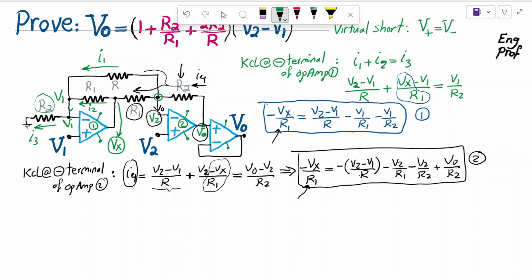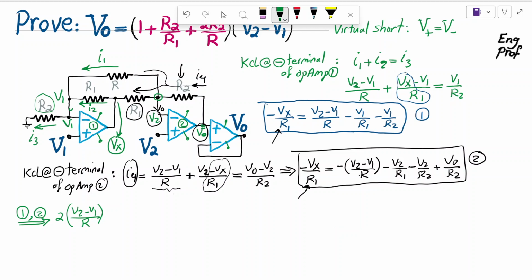So let me change the color so that we have good contrast. From 1 and 2, I can say, therefore, V2 minus V1 over R, and I'm going to simplify the whole thing. So this is times 2. And so again, I am setting the right side of the equations 1 and 2 equal to each other because the left side is the same, negative Vx over R1.